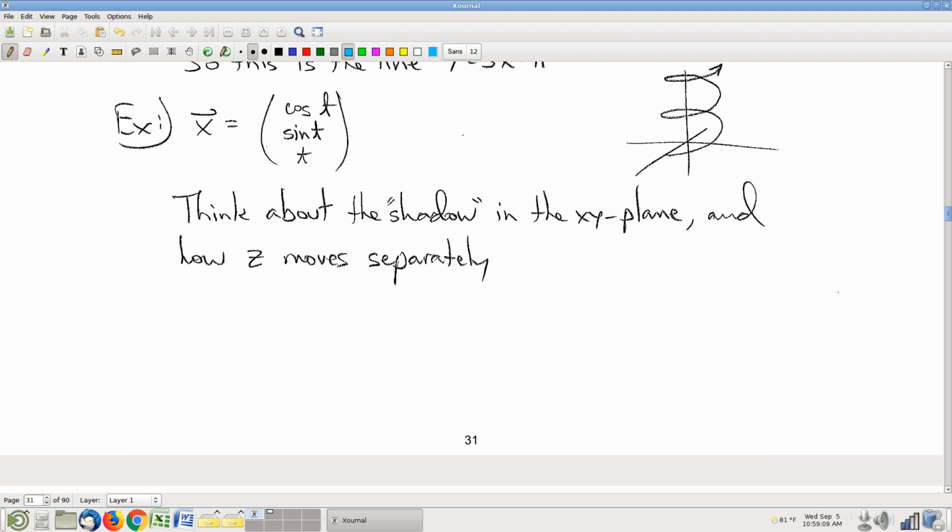All right, here's a harder one. What do you do with this parameterization? Now, you cannot find the equation of this curve, because an equation involving 3 variables, notice 3 variables, that's x, that's y, and now that is z.